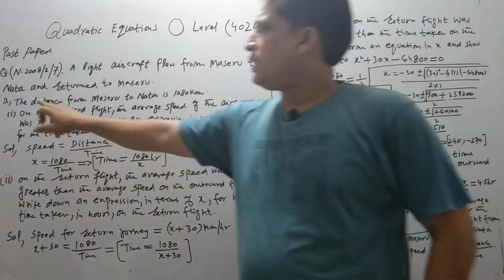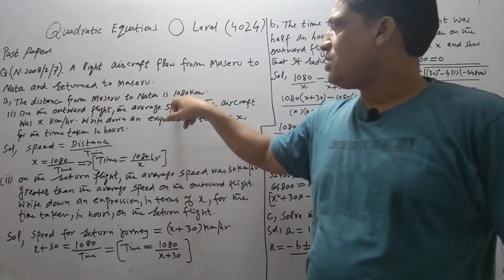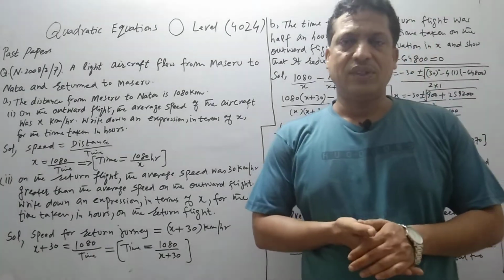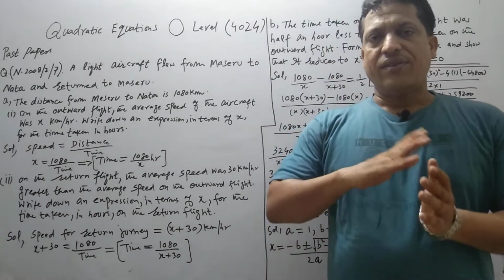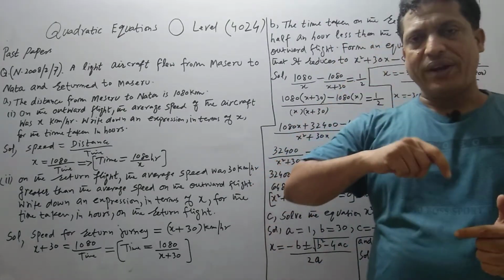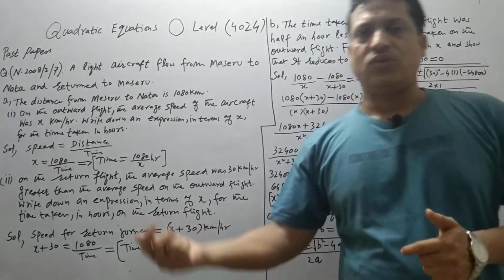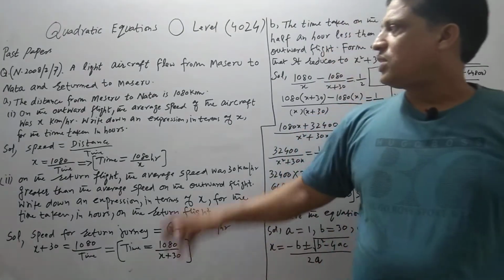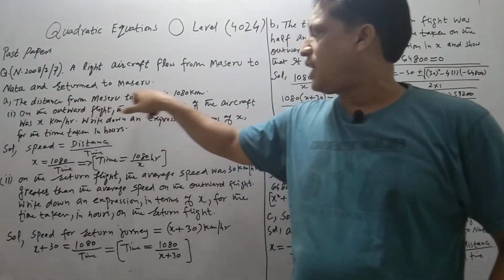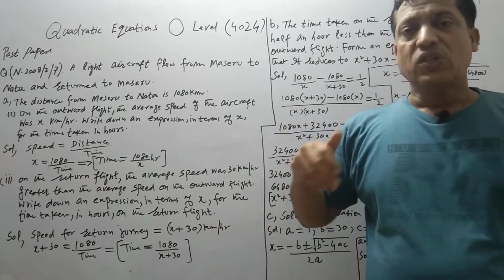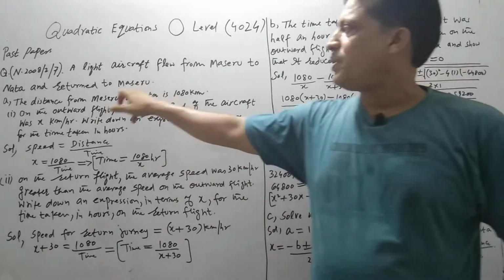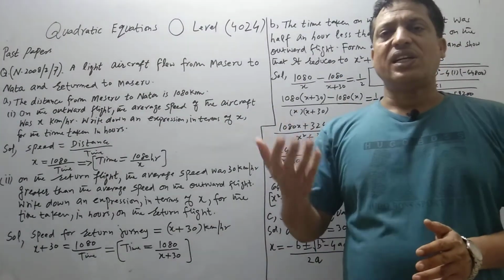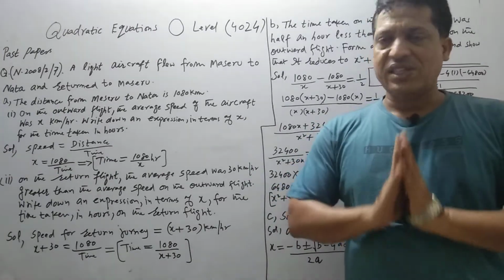Part A: the distance from Maseru to Nata is 1080 kilometers. Students, before I start part 1, keep in mind that for a journey from one point to another and back, the distance is always the same. So the distance from Nata to Maseru is also 1080 kilometers. Keep in mind that for the outward journey and the backward journey, the distance is always the same.